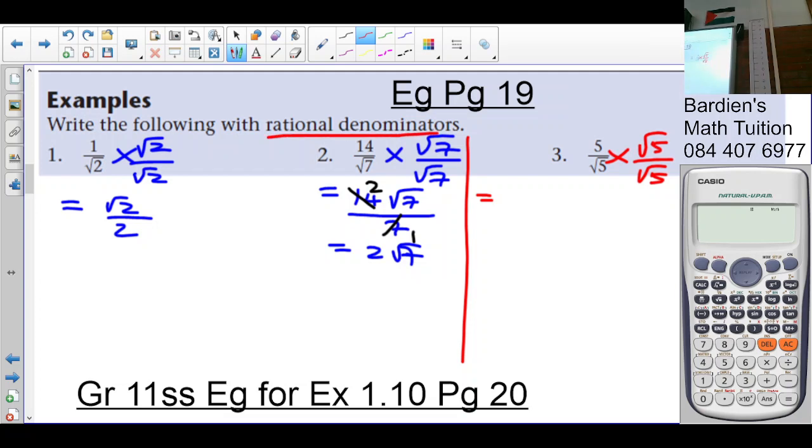That is why. Currently the denominator is irrational. Okay. What's the square root of 5 times 5? 5 root 5. Over. Square root of 5 times square root of 5? 5. So what can happen now? 5 into 5. There we go. Which gives you square root of 5.